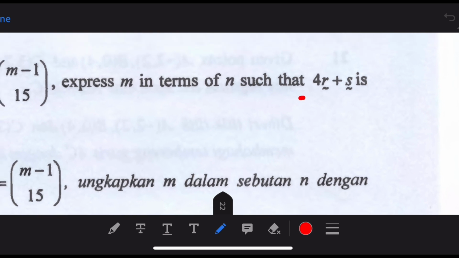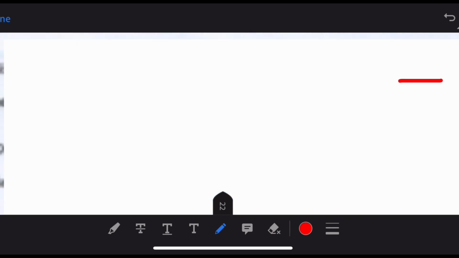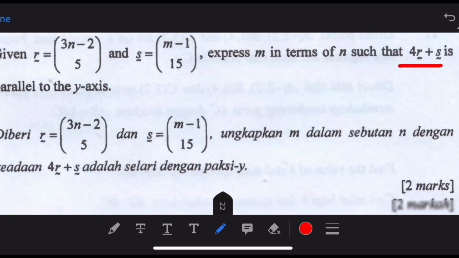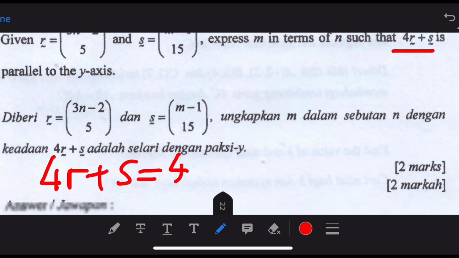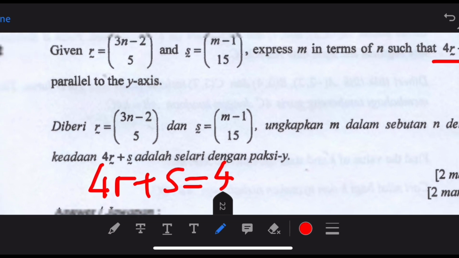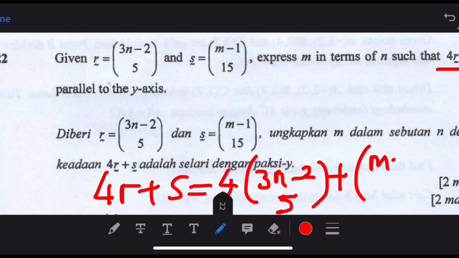So when you see vector like this, basically you just find the addition of the 4 times r plus s. So you simplify carefully. 4 times r plus s, so we will have 4 times 3n minus 2 over 5, and then plus the m minus 1 over 15.